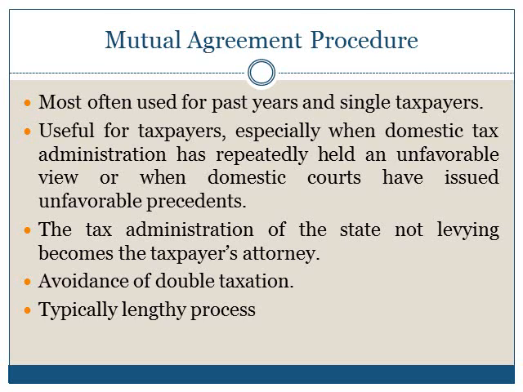Also, the tax administrations became taxpayers' attorneys. One of the MAP main characteristics is that it tries to avoid the double taxation regarding unfavorable specific cases. And the last characteristic is that usually it becomes a very large and expensive process for the taxpayers and tax administrations.